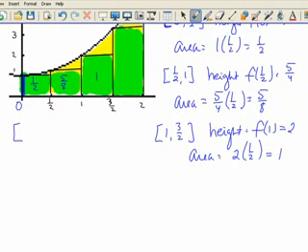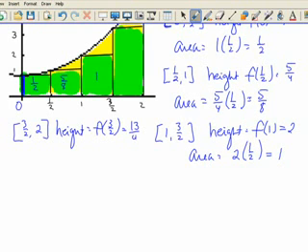And then the last interval from 3/2 to 2, using 3/2, you find the height is f of 3/2. 3/2 squared would be 9/4 plus another 4/4. 9 and 4 is 13, so that's 13/4 for the height. So area of that rectangle is height times width, 13/8.